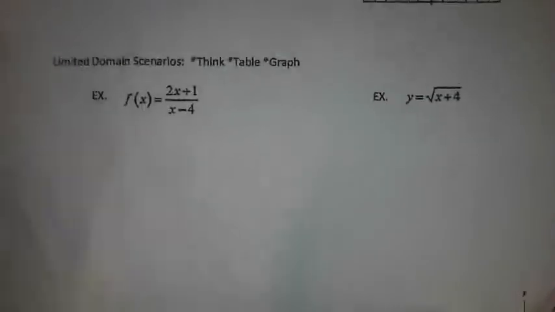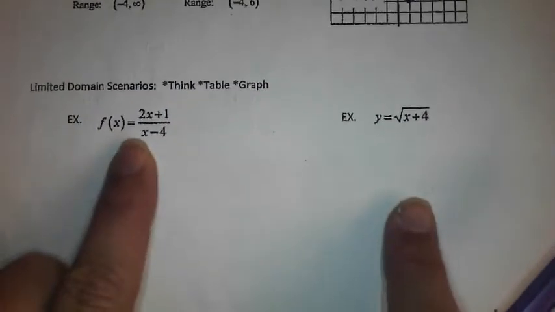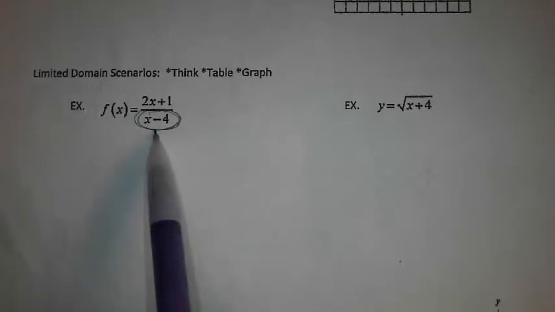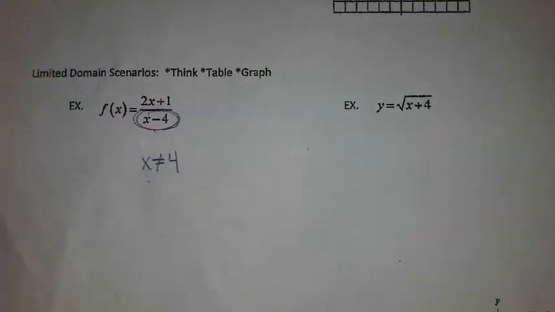The only thing I want to talk about really quickly, you can do this multiple choice on your own time, is this limited domain scenario. Domain are all the x values that would produce an output. What x value would not produce an output here because it would make a denominator of 0? 4. So x cannot equal 4 for that one.